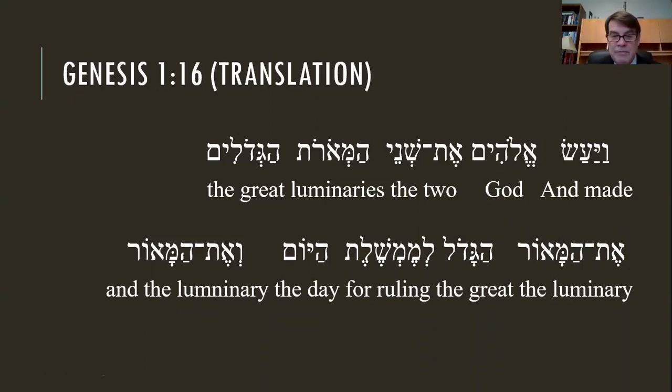So this is the "for" and ruling. I thought for a while that this was a participle, and it probably has participial origins, but it's become a noun, memshalet, and it basically means ruling, the ruler, the dominion, for ruling, for the ruling of the day.